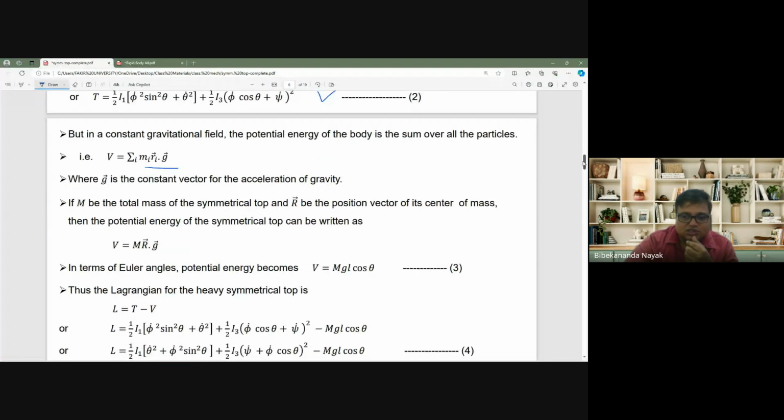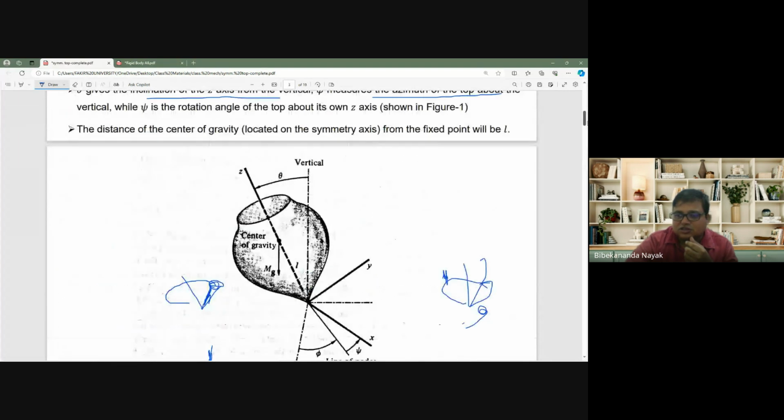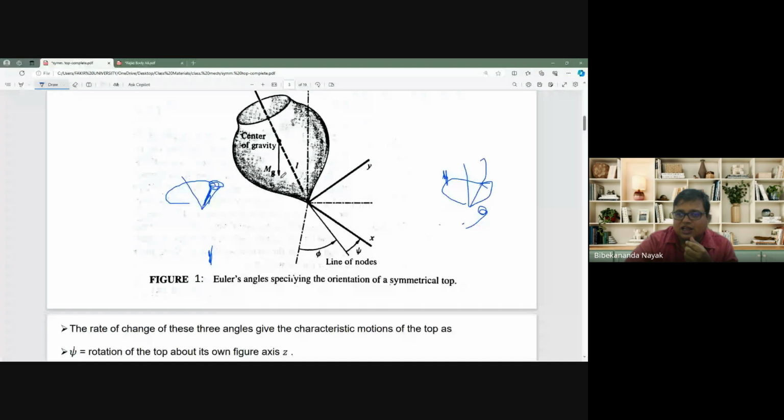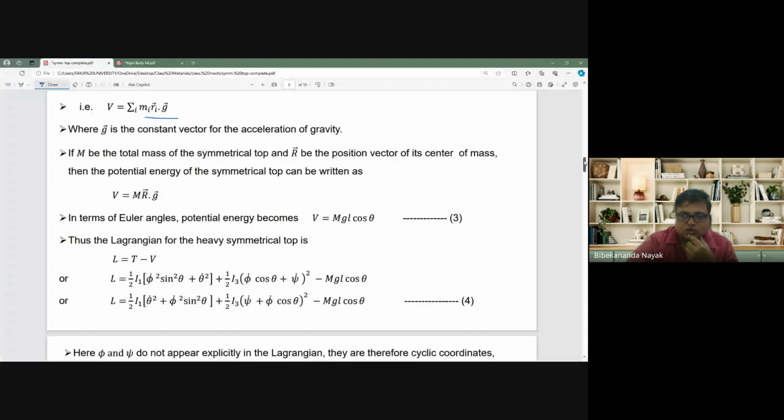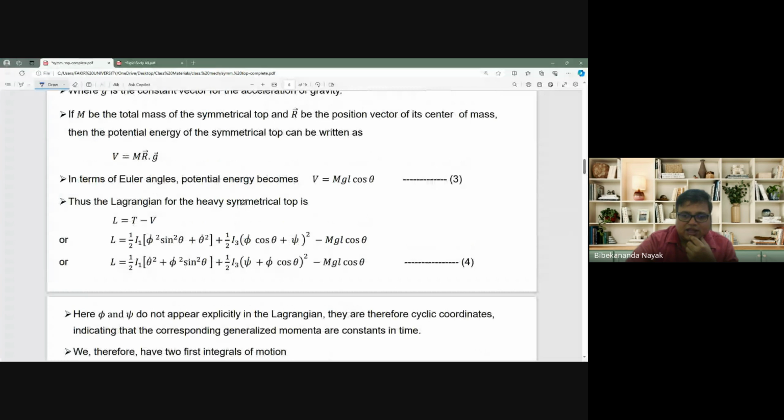R dot g means g l cos theta, where in the figure this is l. So that is mgl cos theta. So the Lagrangian is T minus V: kinetic energy minus mgl cos theta.